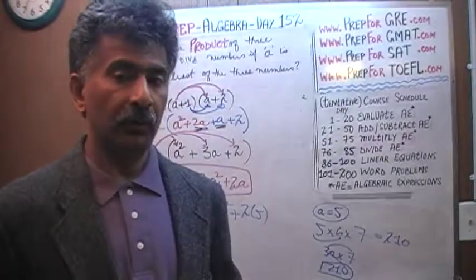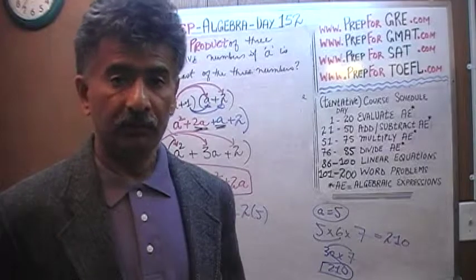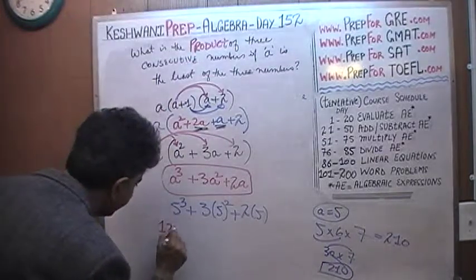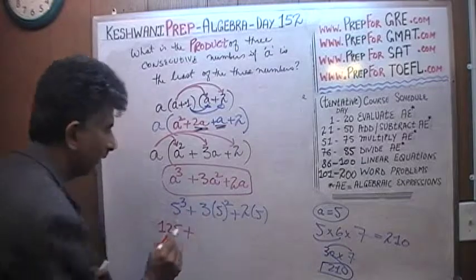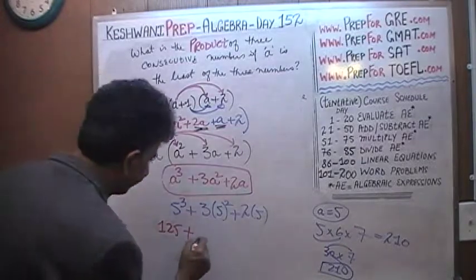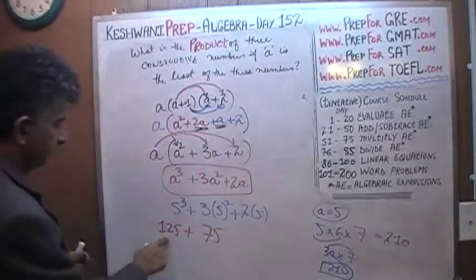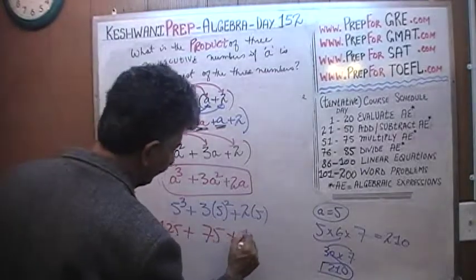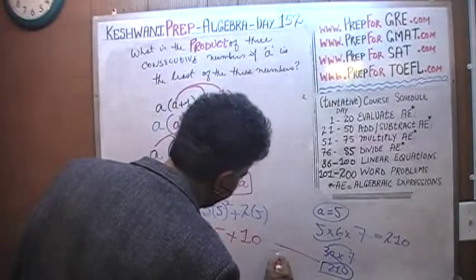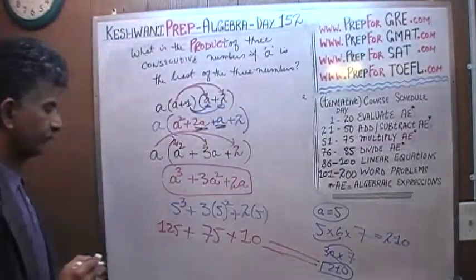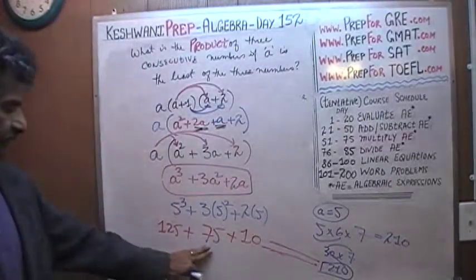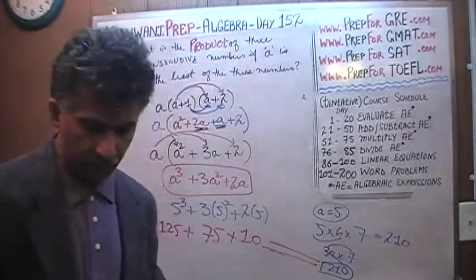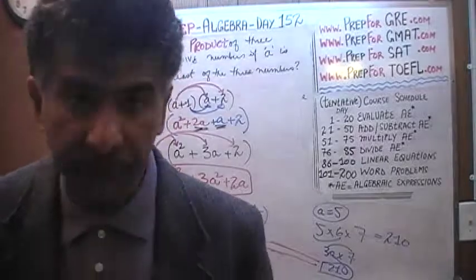I know that because 4 25s I know are 100. 5 25s must be 125. 5 squared is 25, and 3 of them will make it 75. Oh, that's a good sign. 75 plus 125 is 200, and here's your 10. 125 plus 75 is 200, plus 10 more will make it 210, which is what our arithmetic tells us. So that in fact is the right answer.